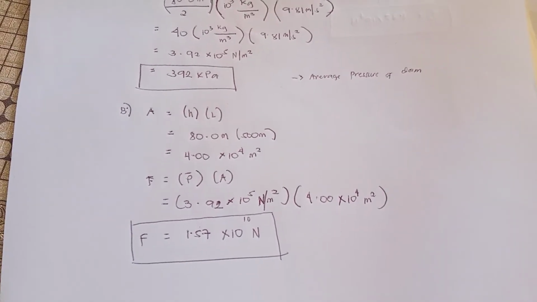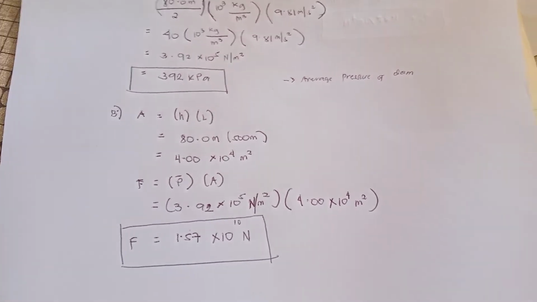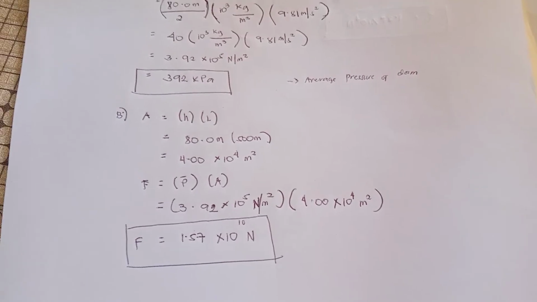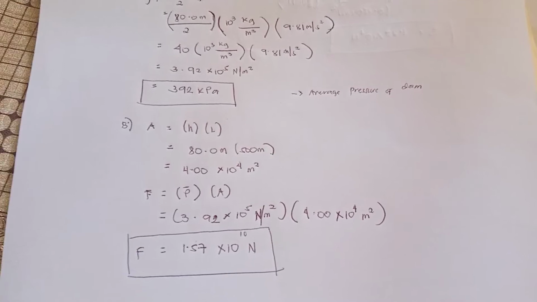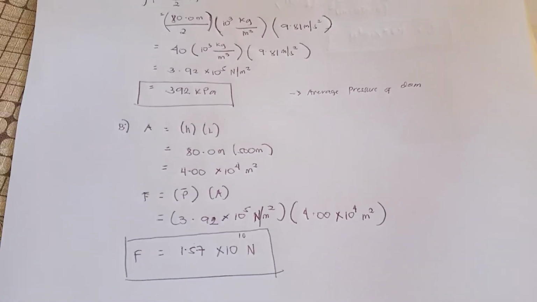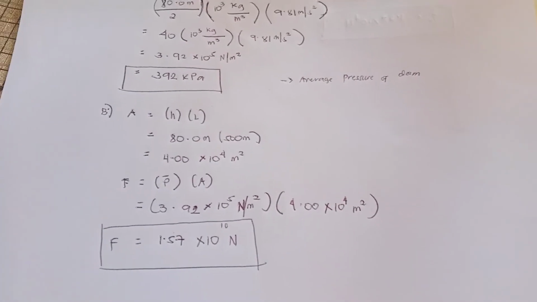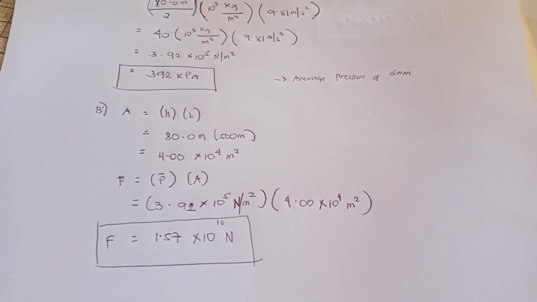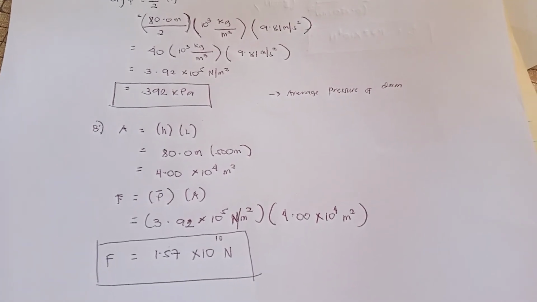So the force is the pressure in Pascal times the area, which equals 3.92 times 10 to the raised power of 5 Newton per meter squared times 4.00 times 10 to the raised power of 4 meter squared. So again, this is in scientific notation. The answer we get is 1.57 times 10 to the raised power of 10 Newton.